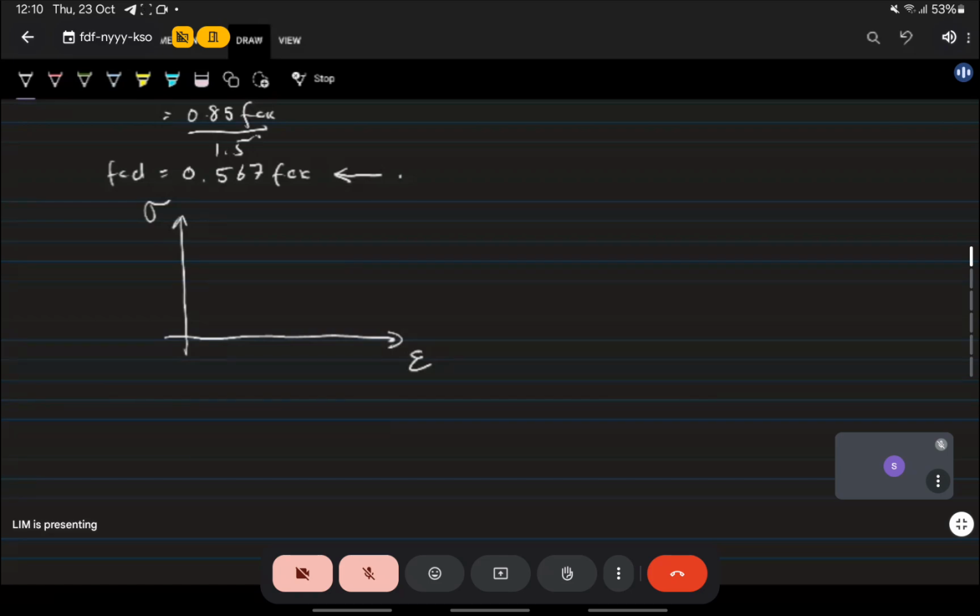When you load up the concrete, it starts undergoing strain, the deformation. So as you load it up, it starts undergoing deformation, and the curve is parabolic. And at some point, it's going to hit its maximum strength, and then it's going to level off.